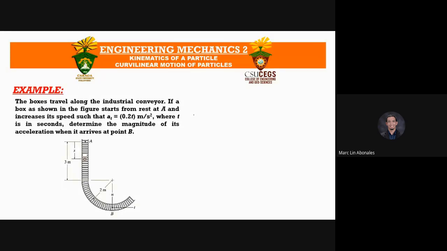Just a continuation here. If we go back to the equation for velocity, 0.1 t squared, the velocity is also the first derivative of the path of the box, which is ds over dt.